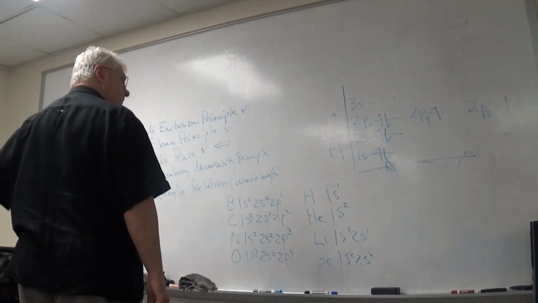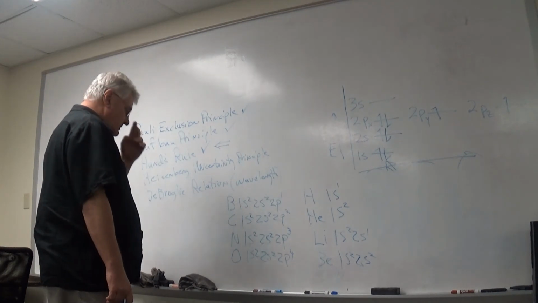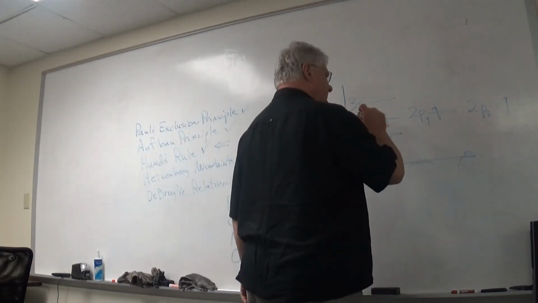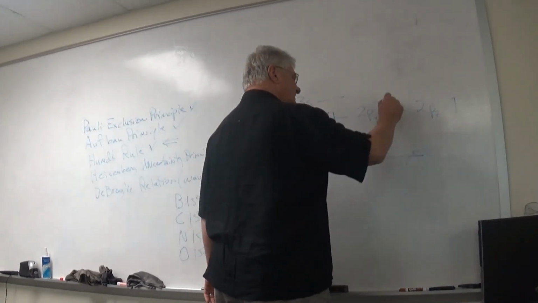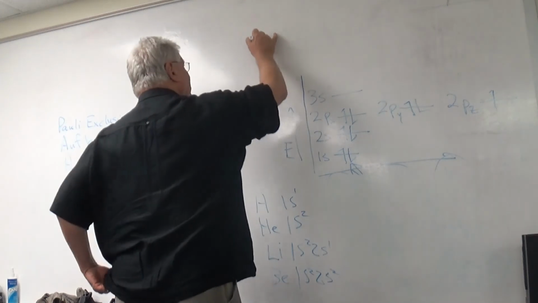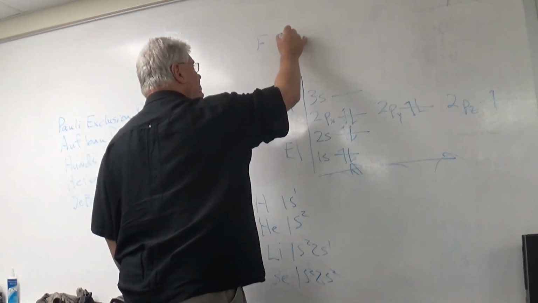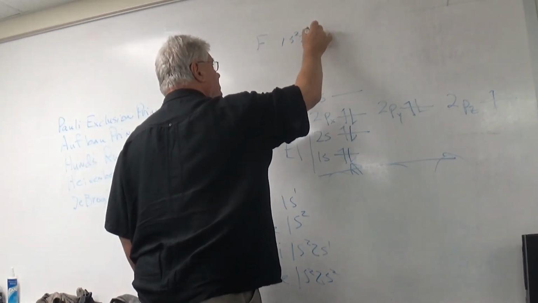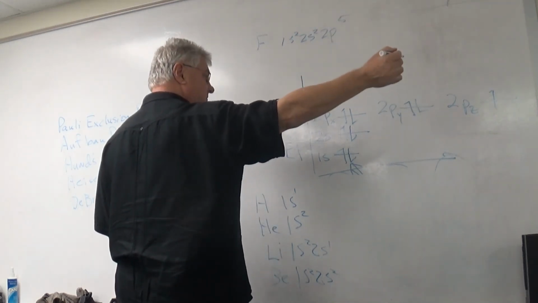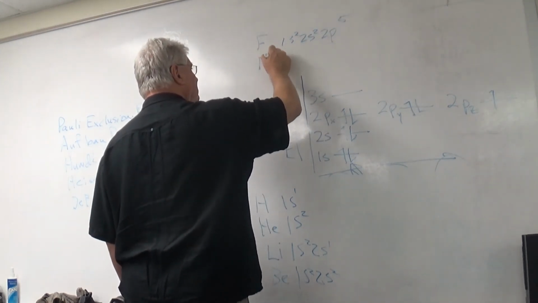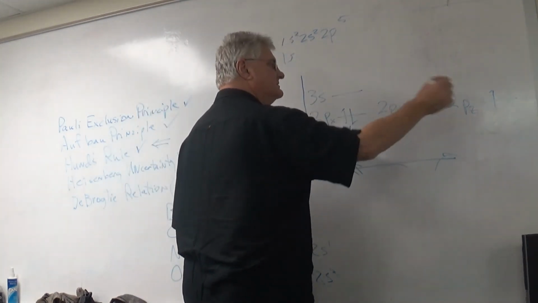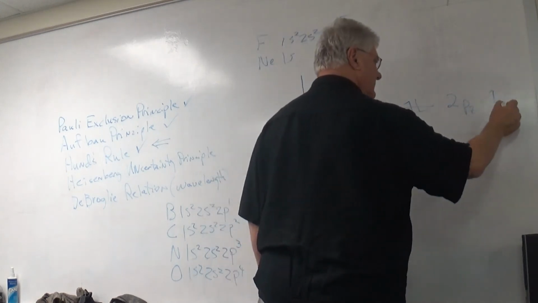Fluorine. Fluorine's going to have 9 electrons. 1, 2, 3, 4, 5, 6, 7, 8, 9. And so fluorine, of course, 1s2, 2s2, 2p5, and then we'll get to the noble gas neon, which is 1, 2, 3, 4, 5, 6, 7, 8, 9, 10.